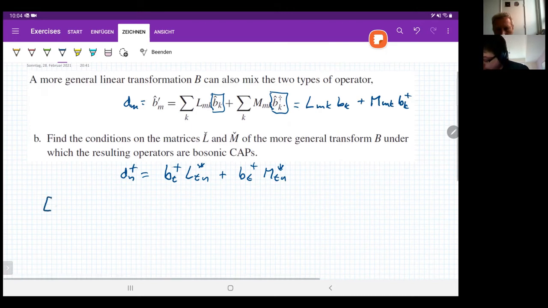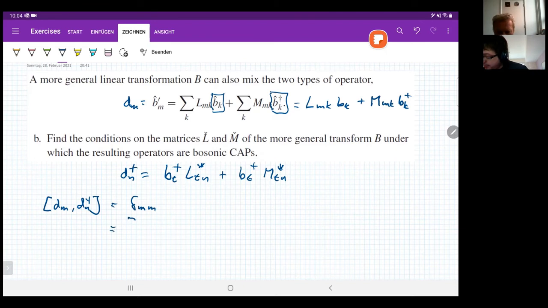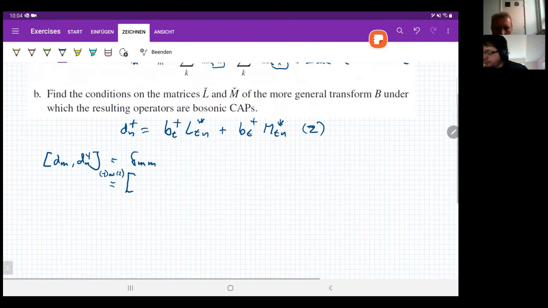So we first use d_M d_N dagger equals delta function MN. We plug 1 and 2 in. And we get, write it here.